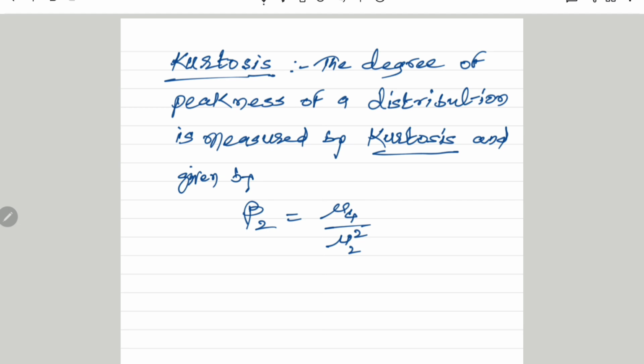Another important term, kurtosis. The degree of thickness of a distribution is measured by kurtosis, and it is denoted by beta 2 as mu 4, fourth moment, divided by mu 2 square. With the help of this value, we can find the degree of thickness, and depending upon the value of beta 2, we have 3 different types of curve.